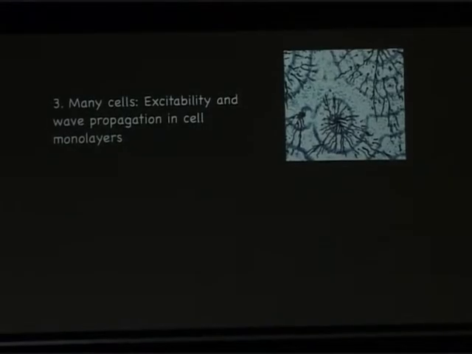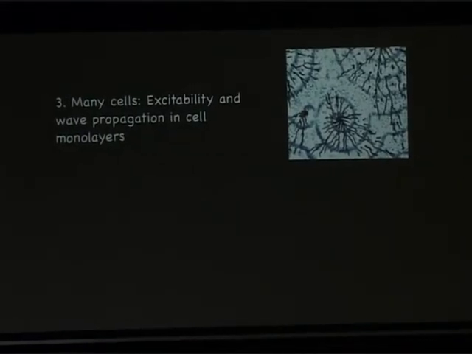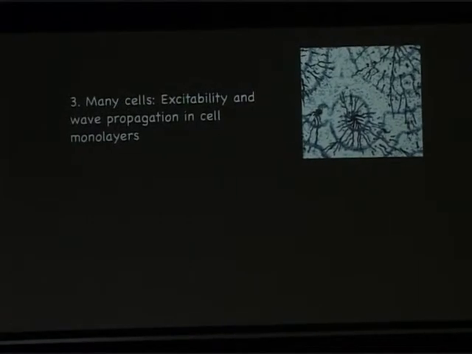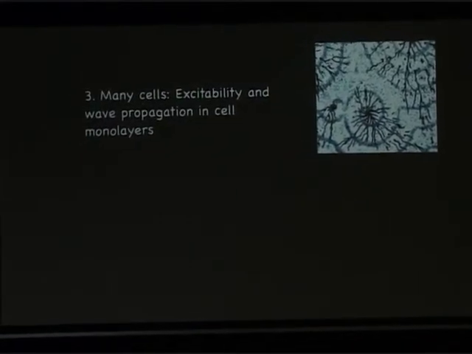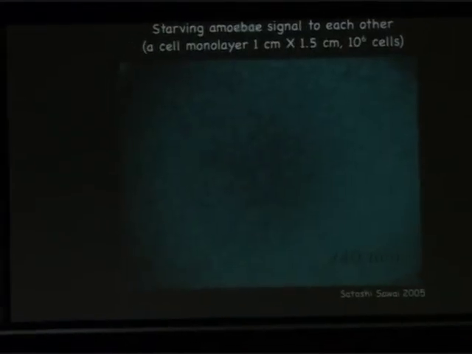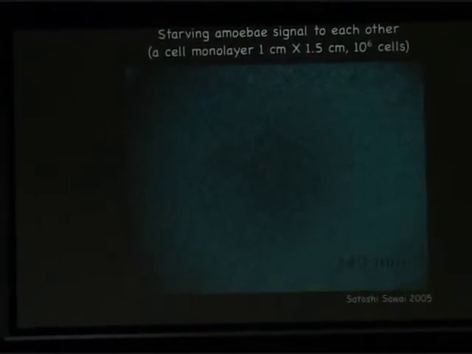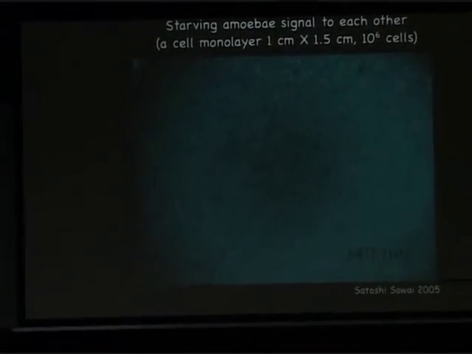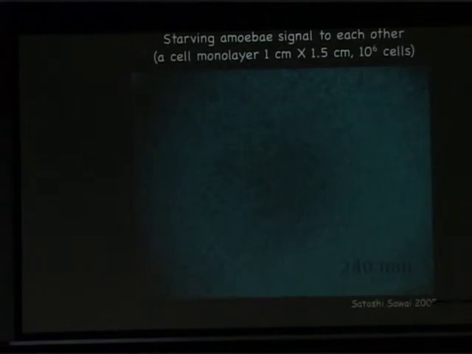All right, second part. So this is, to get to your question from the back, a way now of really nailing down the molecules and learning something quantitative about these waves as they propagate. So let me show you another movie. This is taken from a project that Satoshi did in my lab.